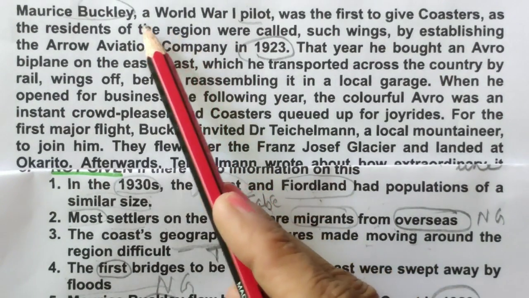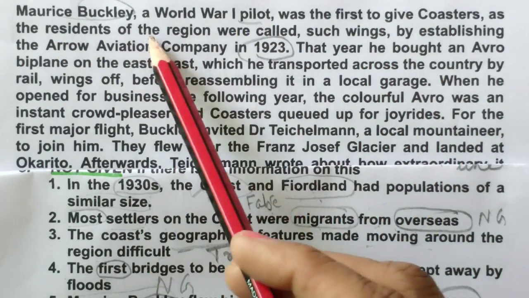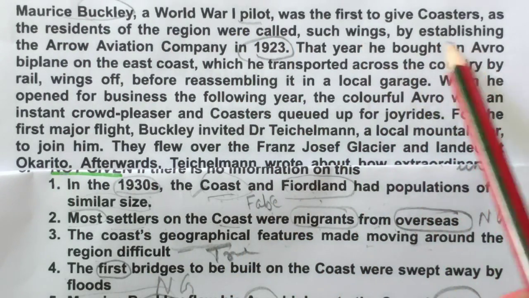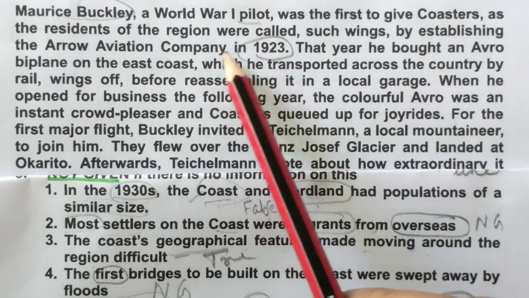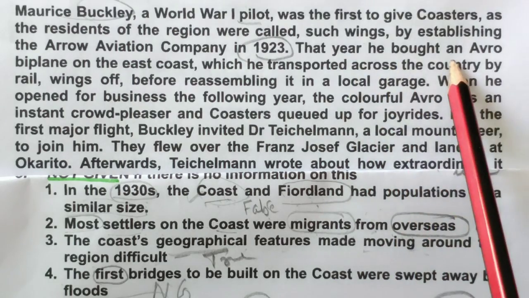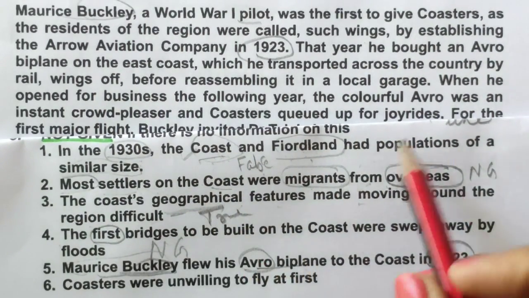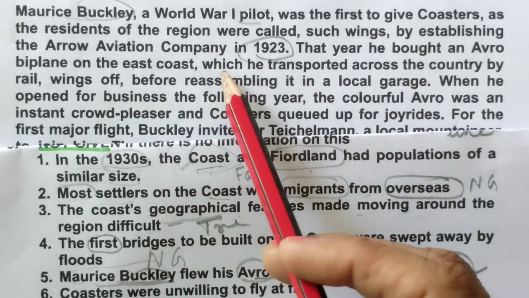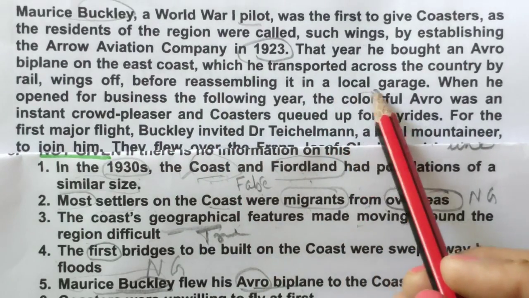Buckley, a World War I pilot, was the first to give coasters, as residents of the region were called, such wings by establishing the Aero Aviation Company. Okay, he established the Aero Aviation Company in 1923. That year he bought an Avro biplane. Okay, this word also we are getting. Avro biplane on the east coast, which he transported across the country in a local garage.